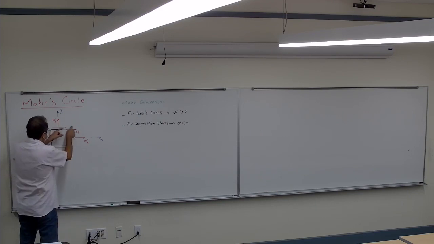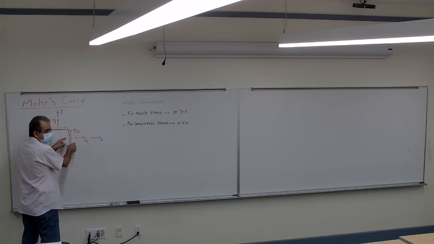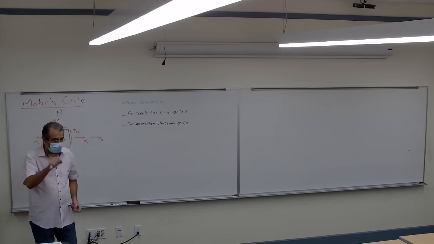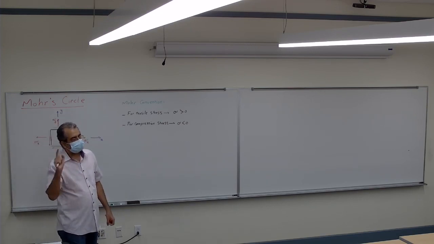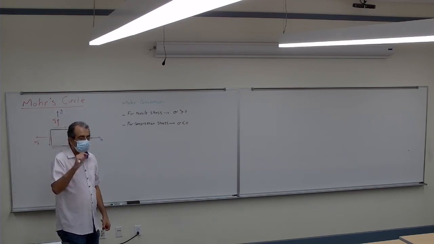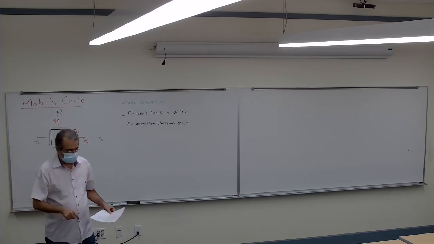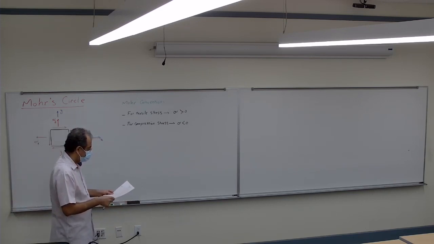Forget about everything else, so assume there's only that tau on the face. If the tau on the face rotates that face counterclockwise, it's considered negative.